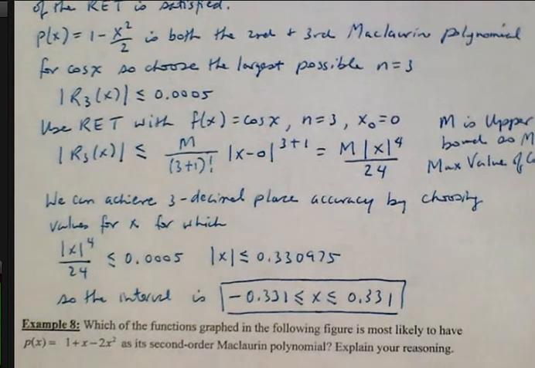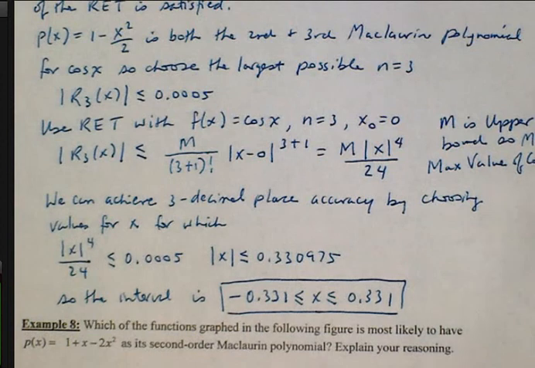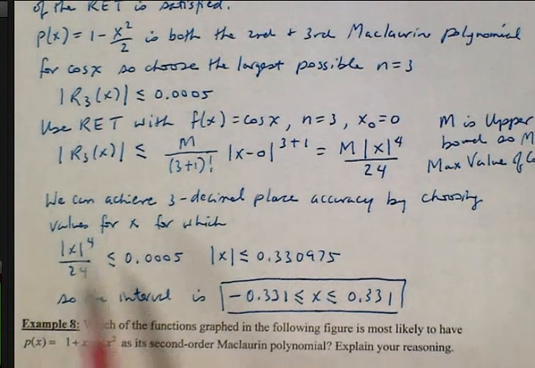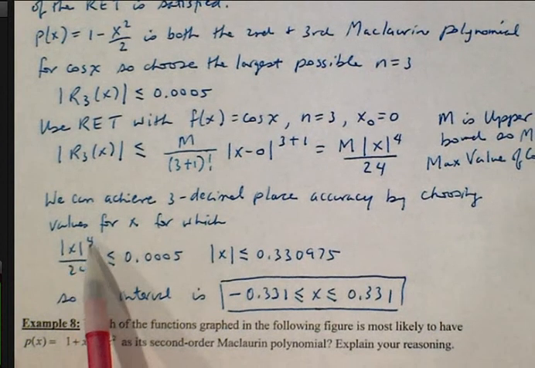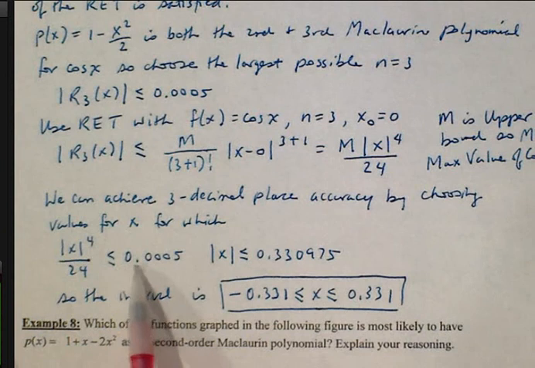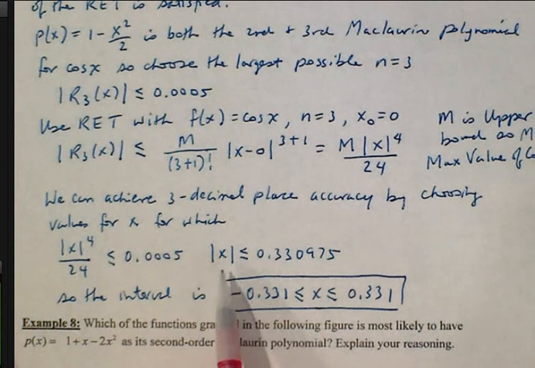Okay, now I can solve the rest of the problem. We can achieve 3 decimal place accuracy by choosing values of x for which the absolute value of x raised to the fourth over 24 is less than or equal to 0.0005. If I multiply through by 24 and also take the fourth root, I did two things to get from here to here.